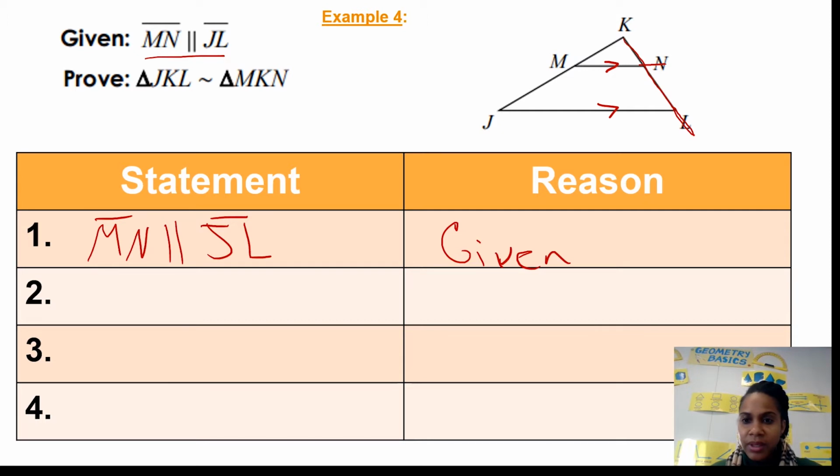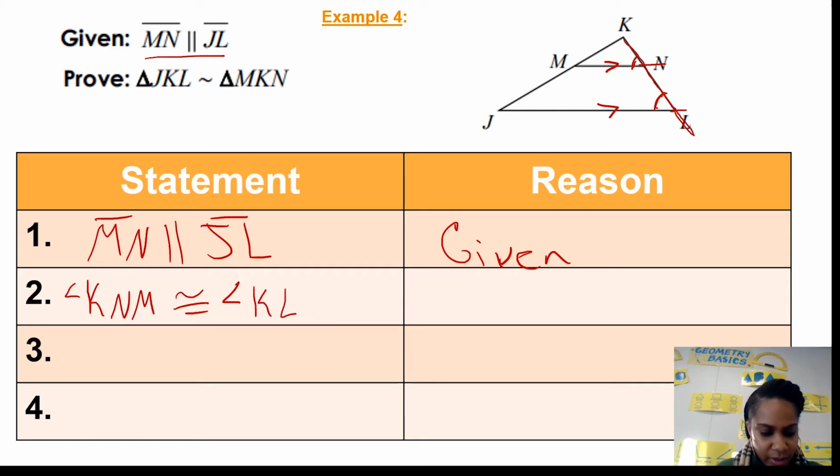So angle KNM would be congruent to angle KLJ because they are corresponding angles. So we can write that in: angle KNM is congruent to angle KLJ because they are corresponding angles.